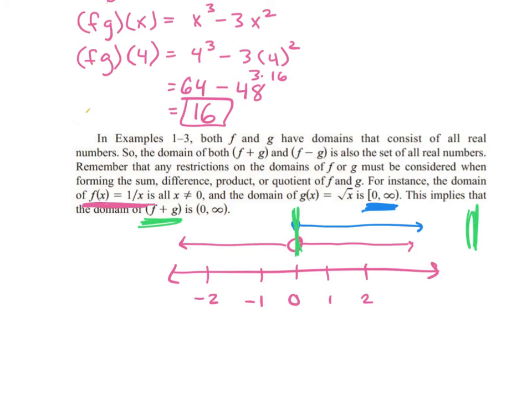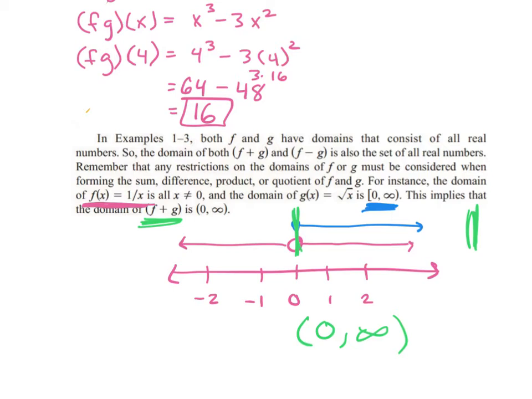But since 0 was not included in the first one, we can't include it in our combination, so we have to have that parentheses instead of a bracket, just saying that it's from 0 to infinity, but not including 0. So our domain of our combination just has to be what's in common between the two domains of our functions.